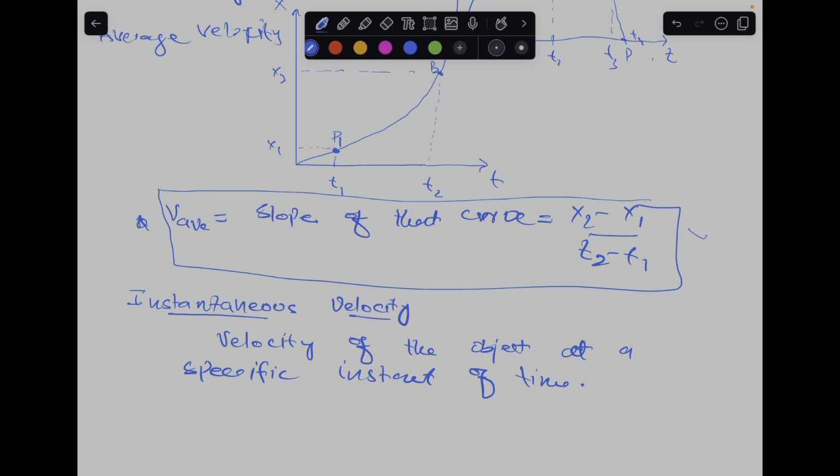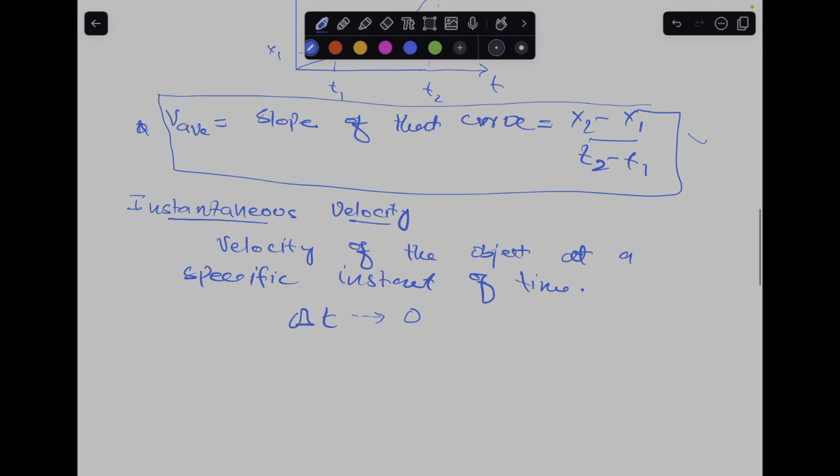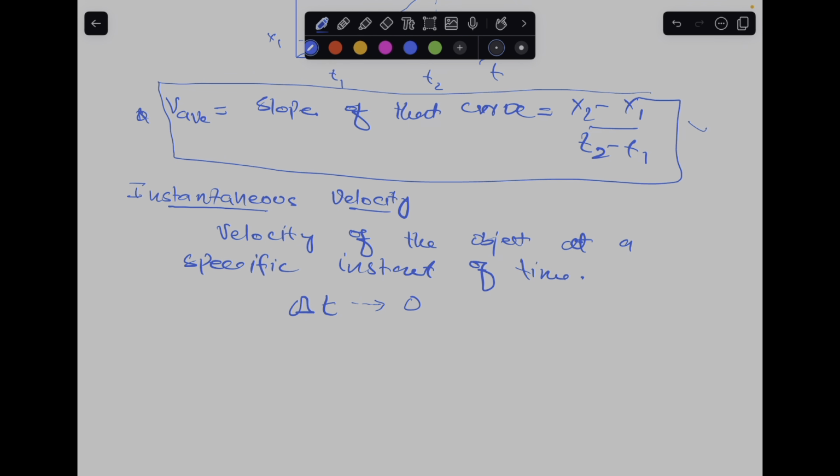So we wanted to find it at any instant of time, then your time interval, which is delta t, becomes very small and approaches 0. Then your average velocity will become an instantaneous velocity, and it's the limiting case.